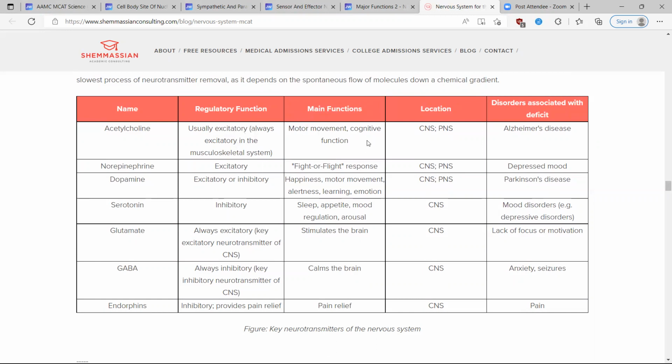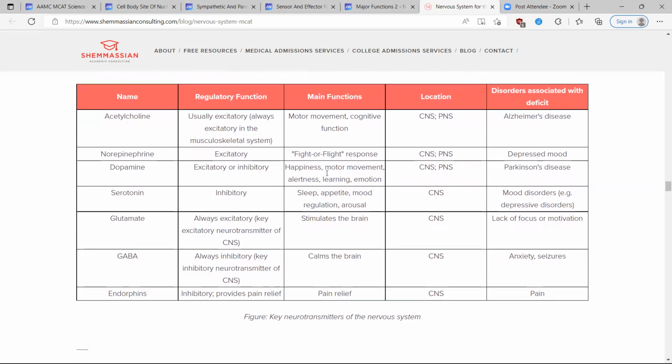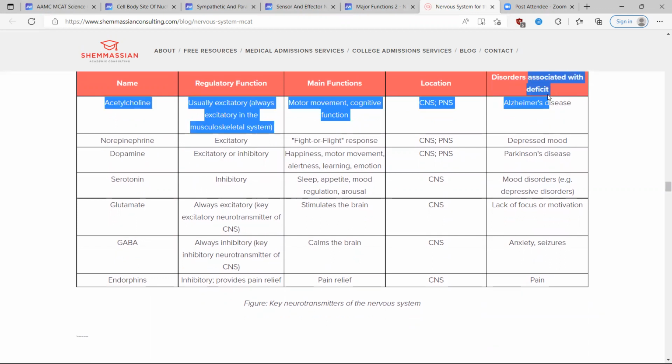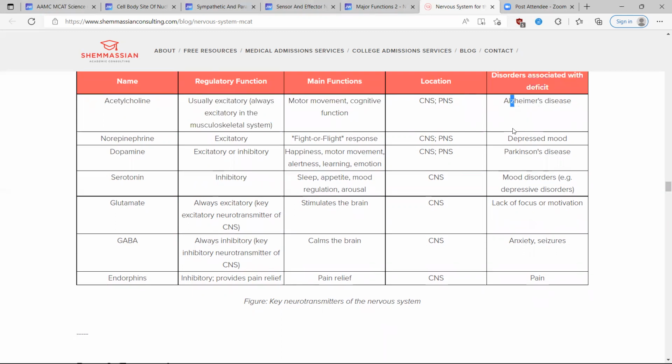So if acetylcholine comes down onto a muscle, it's telling that muscle to do some work. Norepinephrine is excitatory, causes the fight or flight response, those different responses that we saw. Dopamine, excitatory or inhibitory, causes happiness and all these things. And we can see that there's also disorders that you can get if you don't have enough of a certain neurotransmitter.